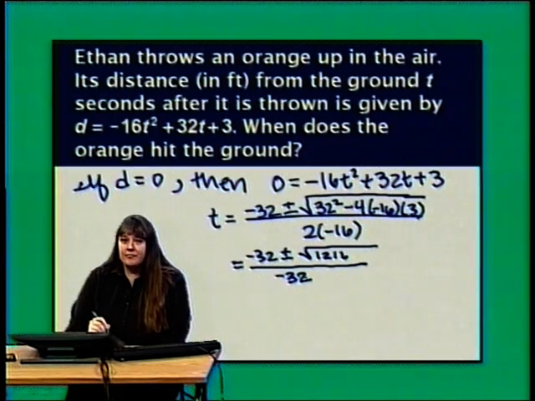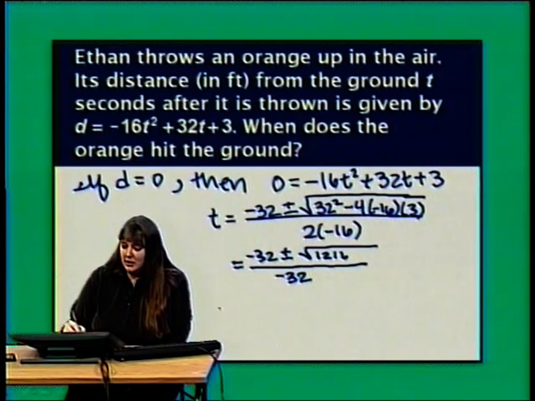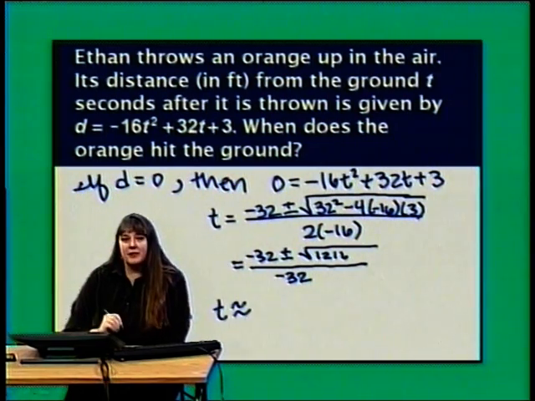negative 32. Now I want to find out when the orange hits the ground, so I want to know approximately what these two values are. So I'm going to pull out the calculator again and figure out the two values of t, approximately.